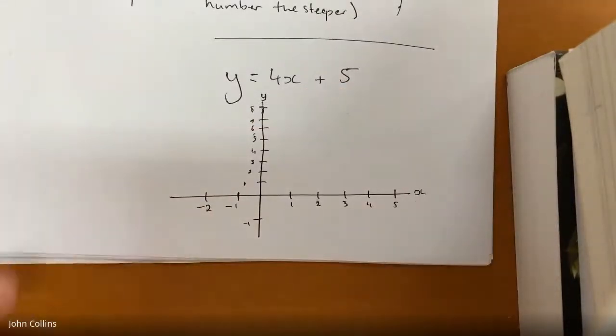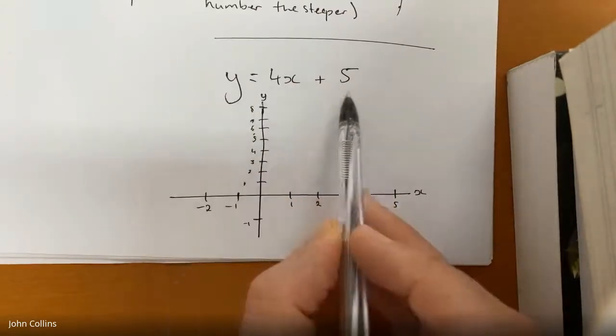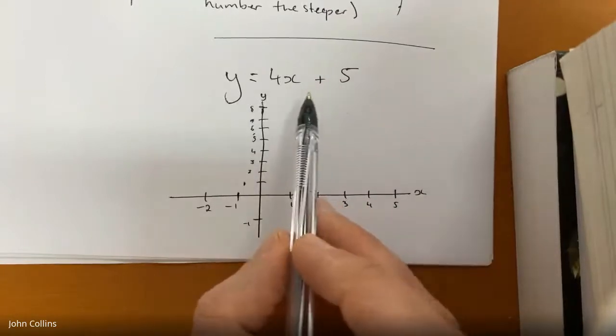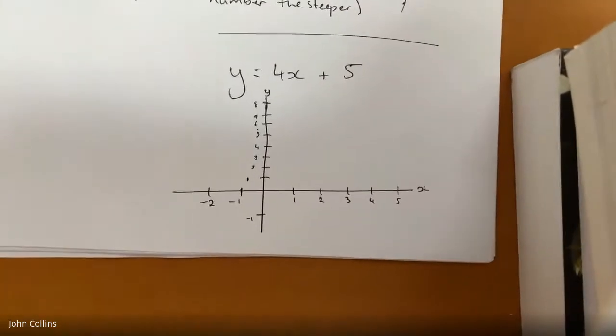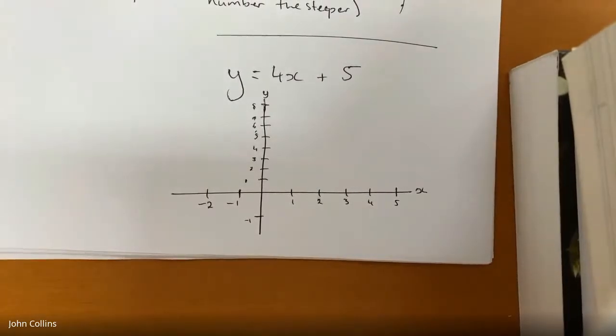All right. Type in the chat. What is the place where this line crosses the y-axis? At what number does this line, this linear relationship, this formula, cross the y-axis? Type it in the chat. Does anybody know?